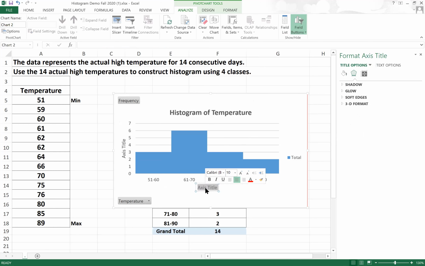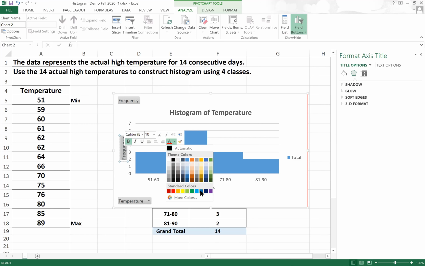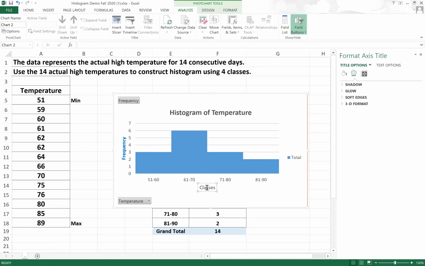Then the axis title, this is classes. As I mentioned, you can do a lot of modification here, and frequencies. You can modify using different colors, any colors you like.